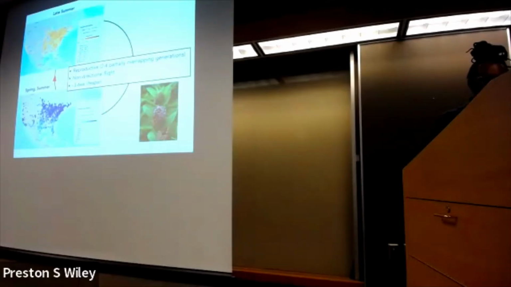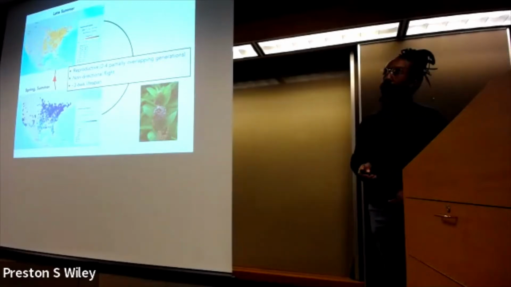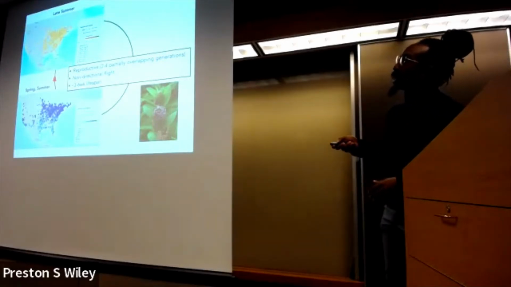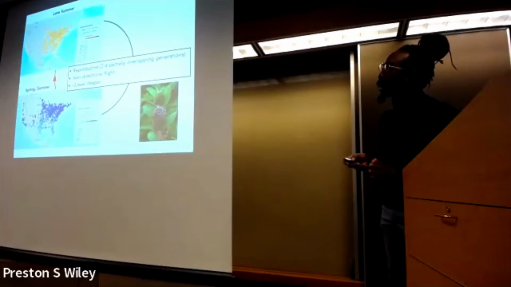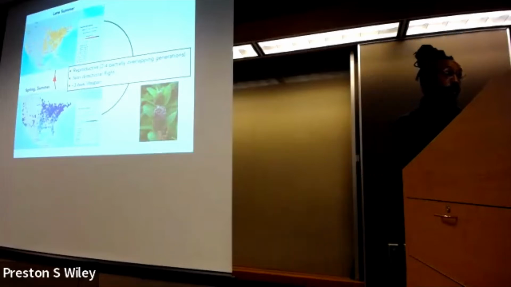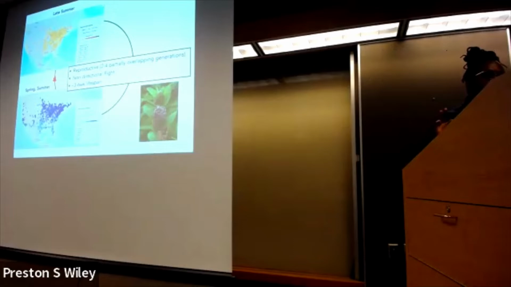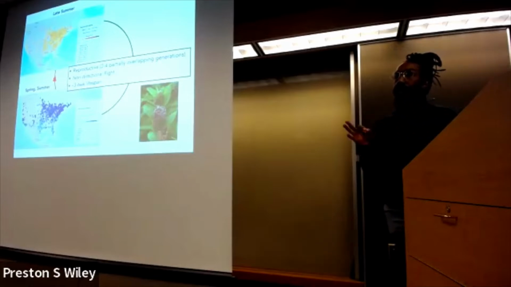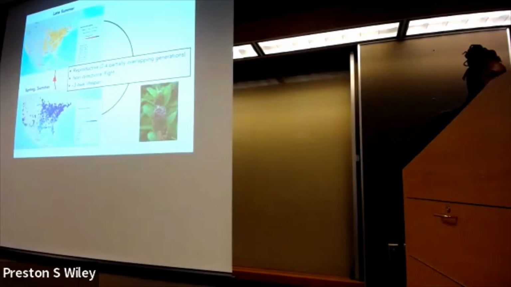So to give you an overview of the monarch migration, in spring and summer, you'll see monarchs spread across North America. These dots are actually from a citizen science website called Journey North, where each dot is representing the sighting of a single individual butterfly.